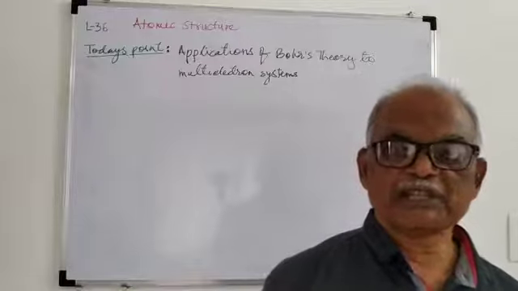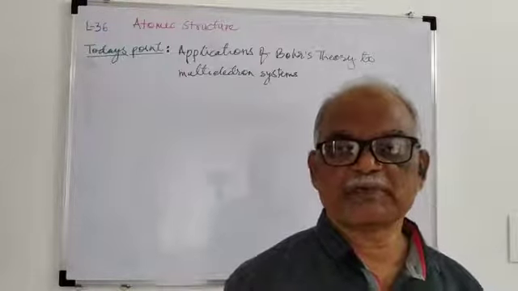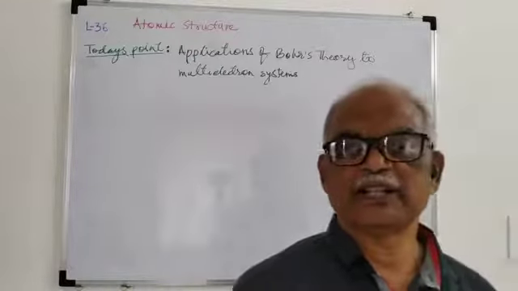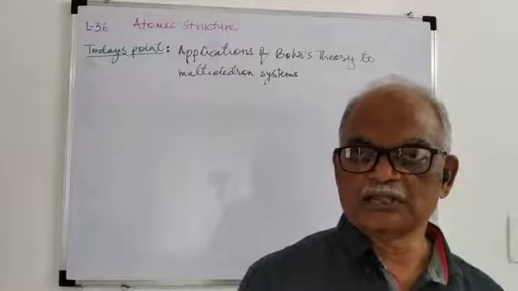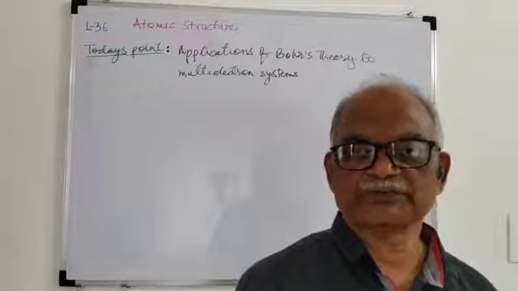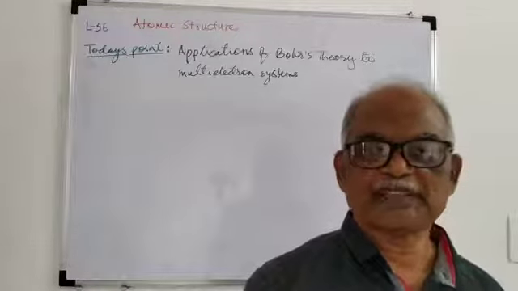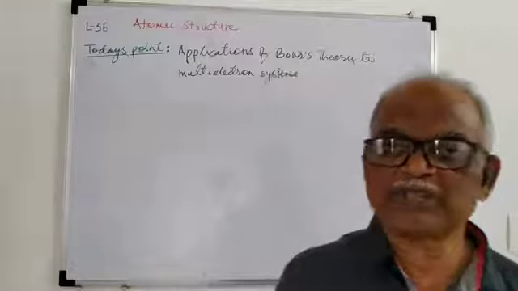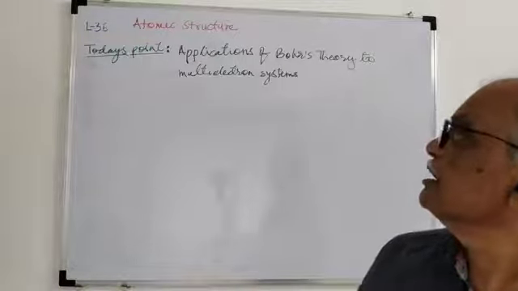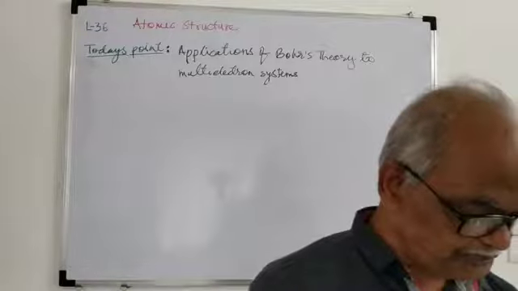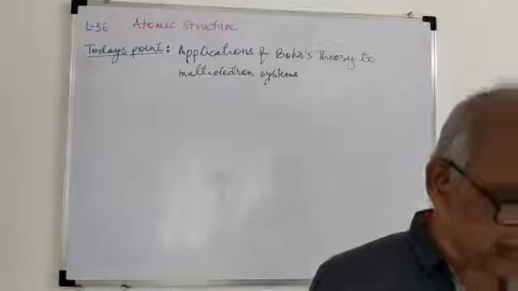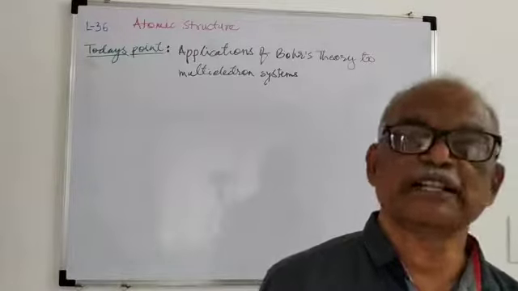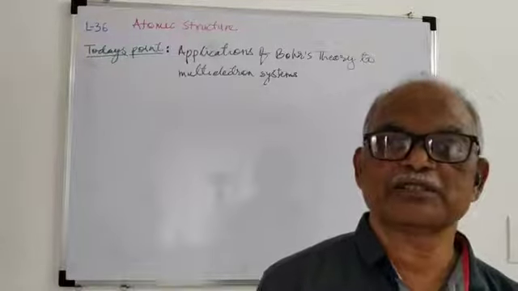The model was developed for hydrogen, and it was found that this model of hydrogen's atomic structure is well supported by the various concepts given in Bohr's theory. So Bohr's theory is very well applicable to the hydrogen atom, that is, single electron systems.